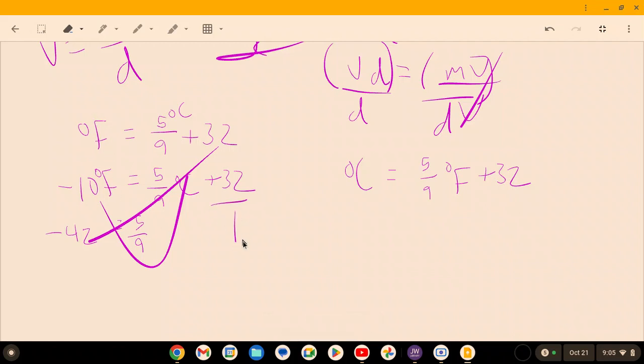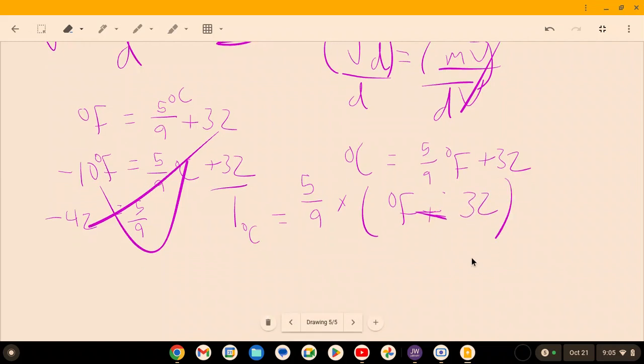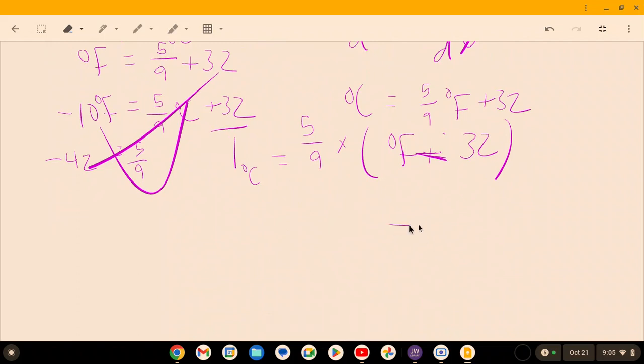So T degrees C equals 5 over 9 times degrees F minus 32. Here we go. Okay. So negative 10 minus 32, 5 over 9.